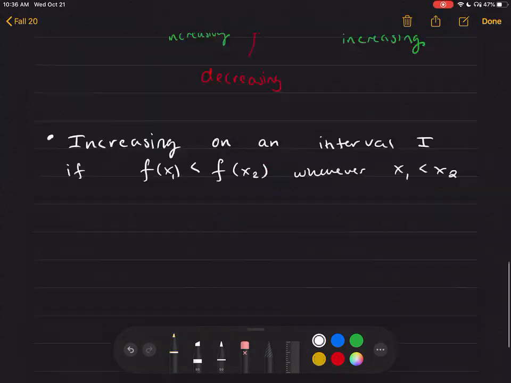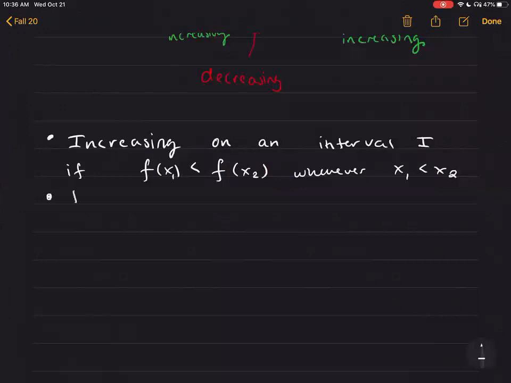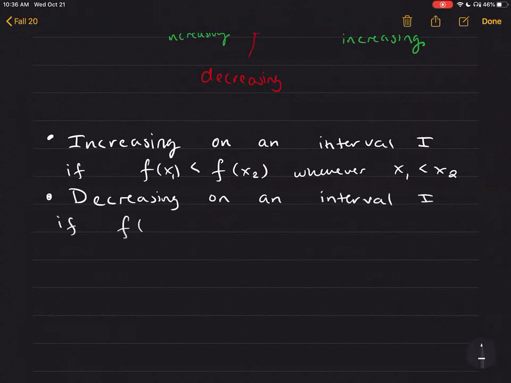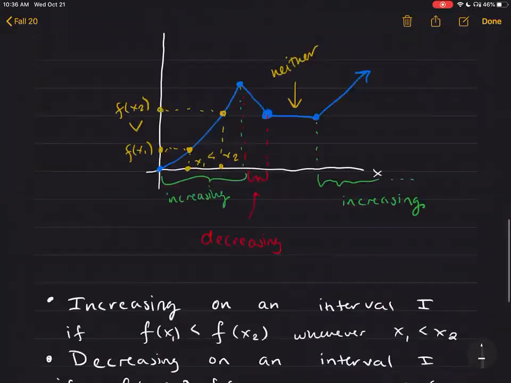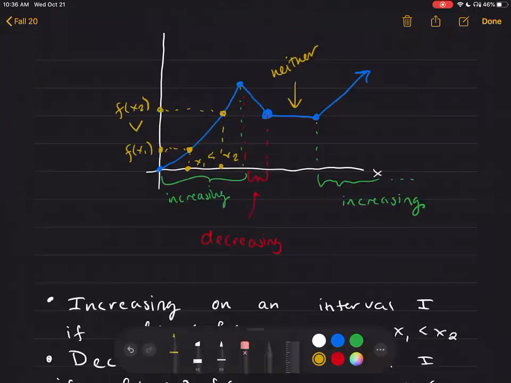And for decreasing, a function is decreasing on an interval I if f of x1 is greater than f of x2 whenever x1 is less than x2. So if we go up here and look at our little decreasing section, we do the same thing.